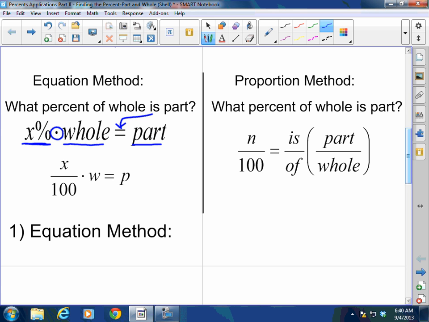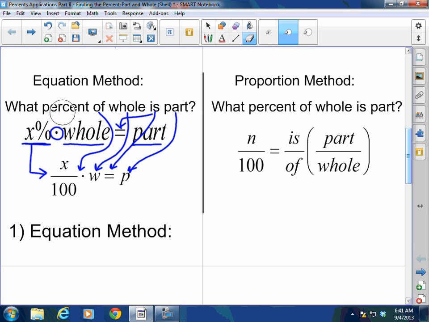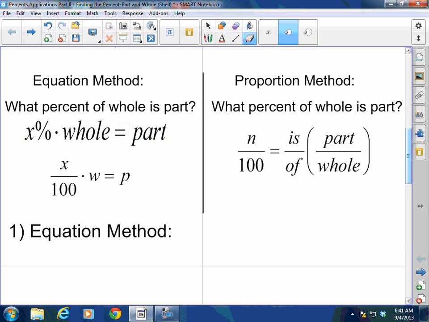How do I put that in equation form? X percent, remember we're talking about a part out of 100. So x over 100, of means times, a whole is the w, is means equals, a part is p. That's if we want to set up an equation.